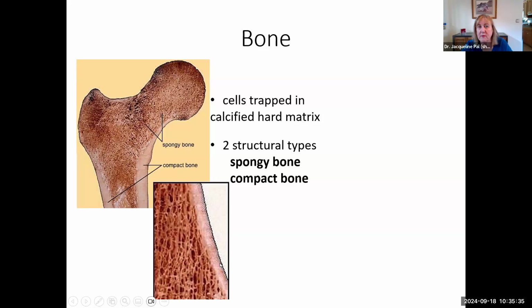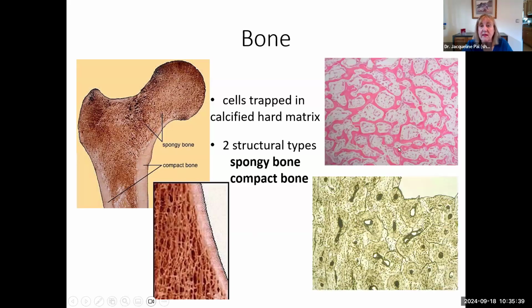Under a light microscope, the spongy bone has little things that look like little pieces of coral with lots of spaces. And the compact bone doesn't look quite so solid. It looks like a lot of little tree trunks.